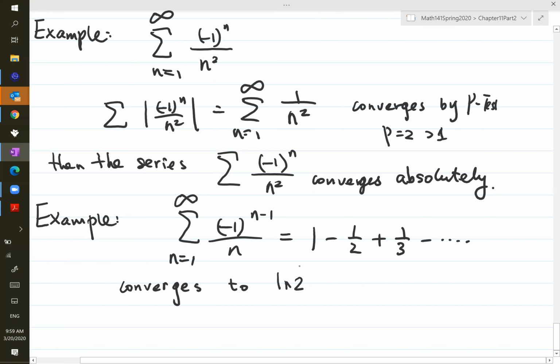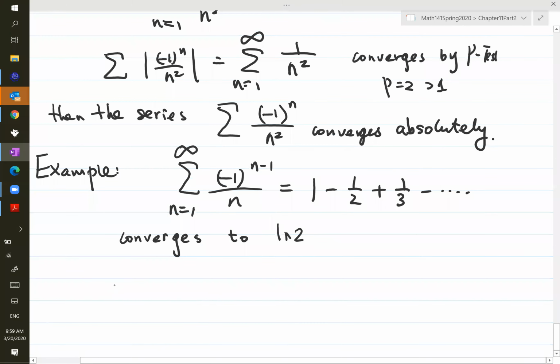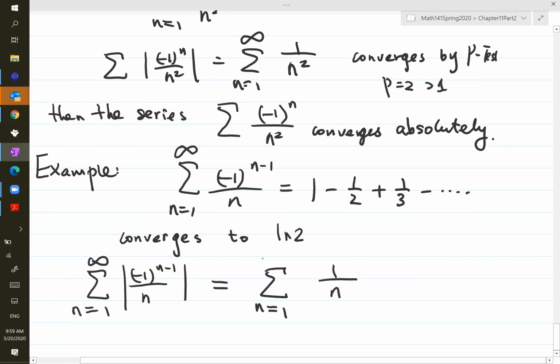Now, if we take the absolute value, the alternating factor, negative 1 and positive 1, has absolute value simply 1. This will be 1 over n from 1 to infinity, which is the harmonic series, and the harmonic series diverges.